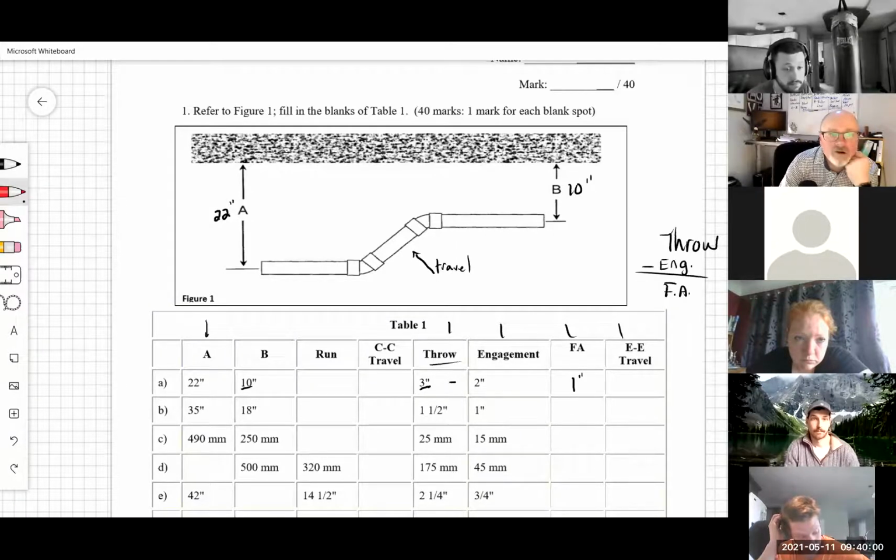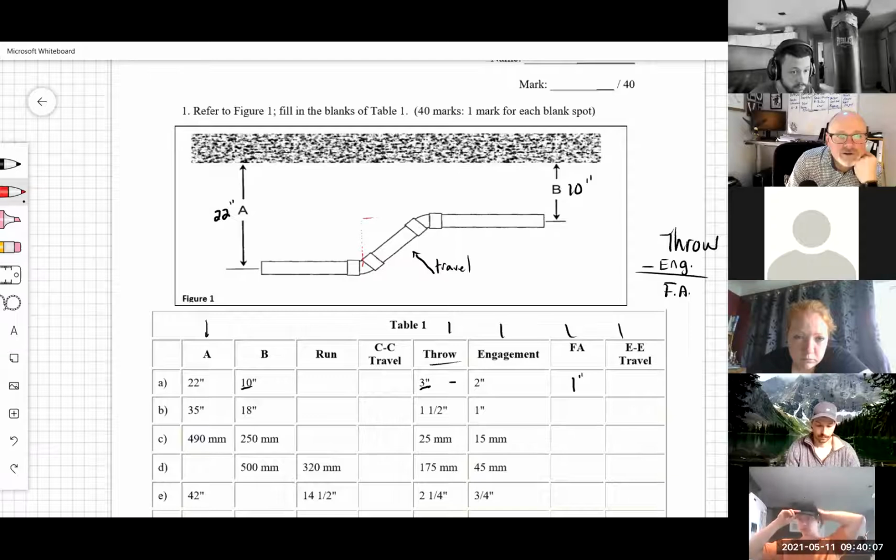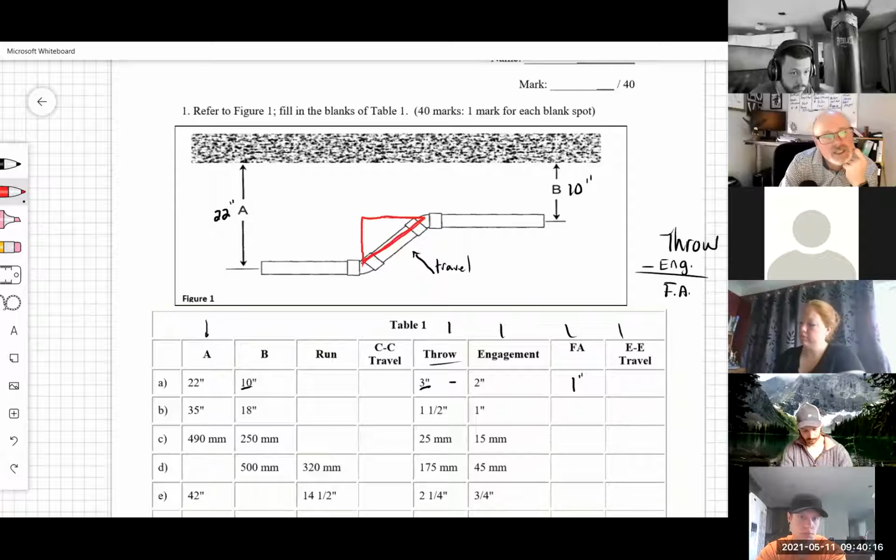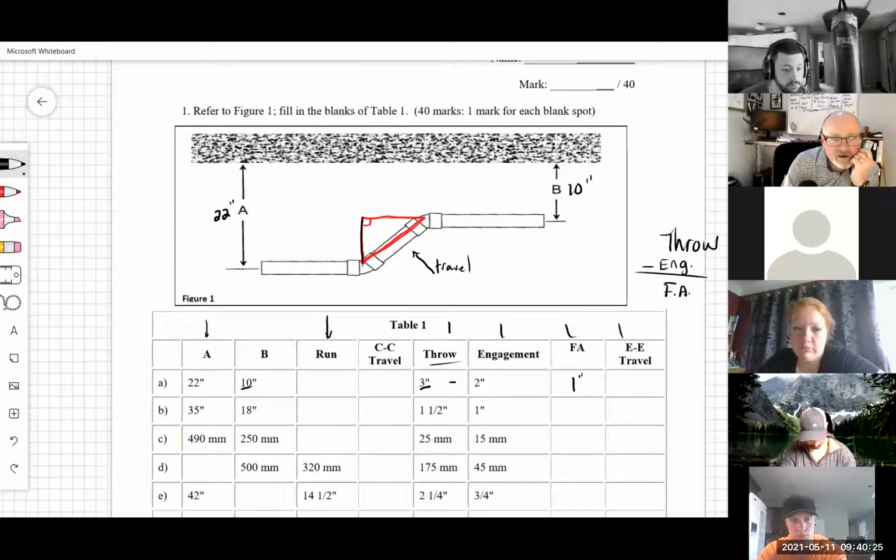Now, what I'm going to do is I'm going to draw a right angle triangle. Just like that. There's my right angle. Now, the run in this one, the run is right here. Can anybody tell me what the run is? What measurement the run is? 12. That's 12 right, inches.